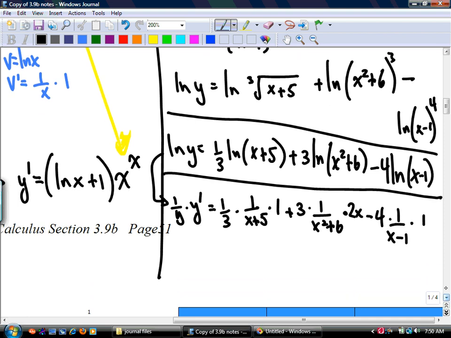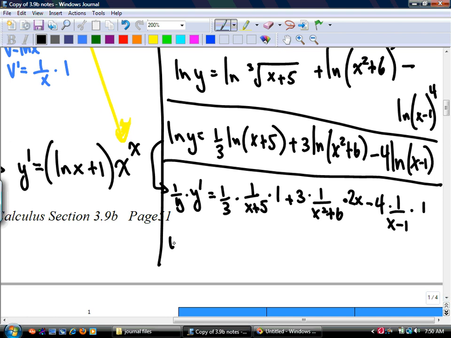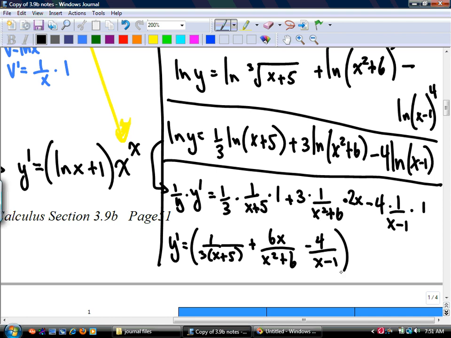Because you're finished. y prime equals bracket 1/3 times 1 over x plus 5, plus 6x over x squared plus 6, minus 4 over x minus 1, times y, which is that thing up there, which is huge, but it works. That's the derivative of it.